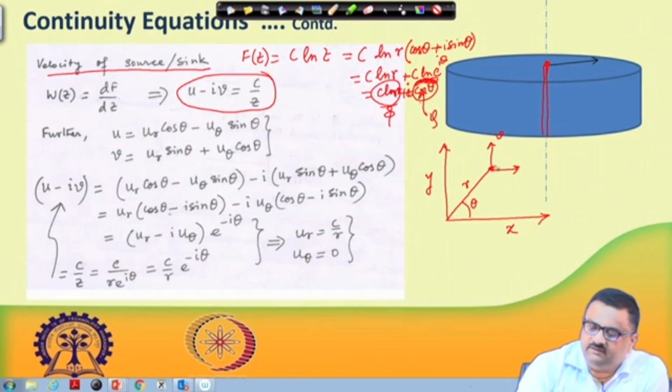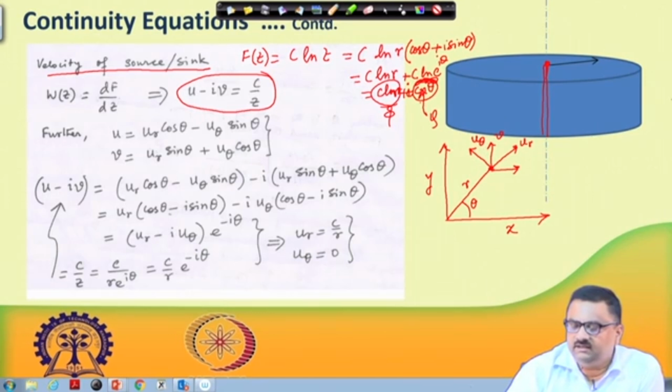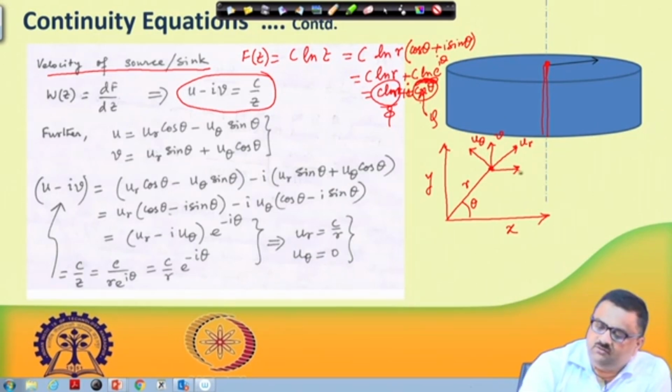So, we have this as u_r and this as u_theta, and then we said that u is basically, this is theta.